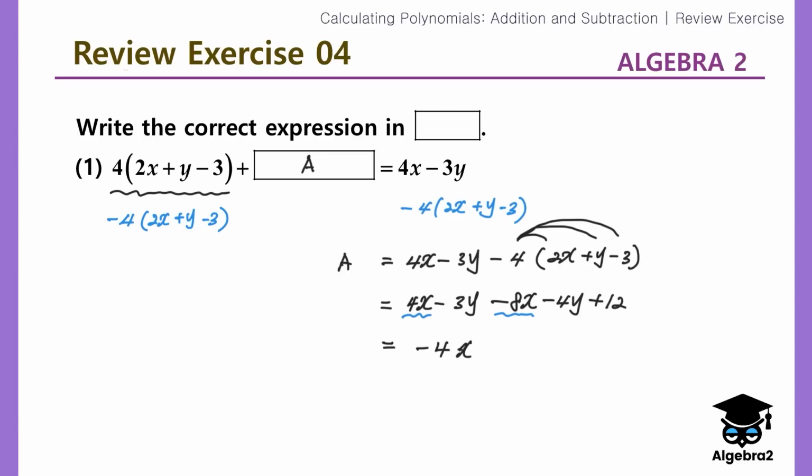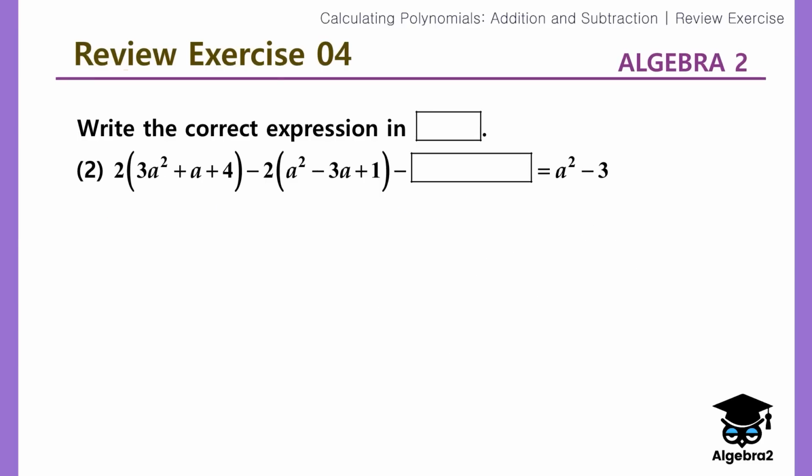So minus 4x. Y, we have negative 3y minus 4y. So that's going to be negative 3 minus 4. That's minus 7y. And we have constant 12. So plus 12. So expression A is equal to negative 4x minus 7y plus 12.